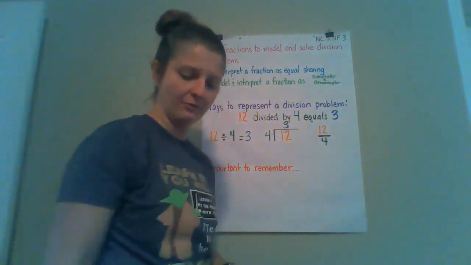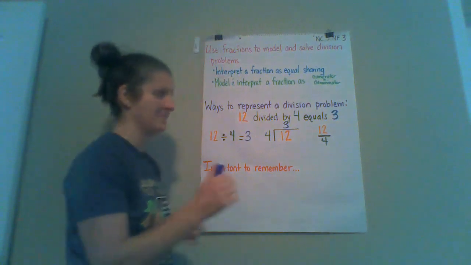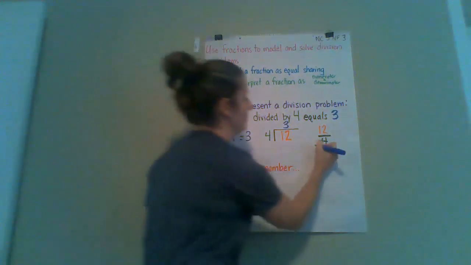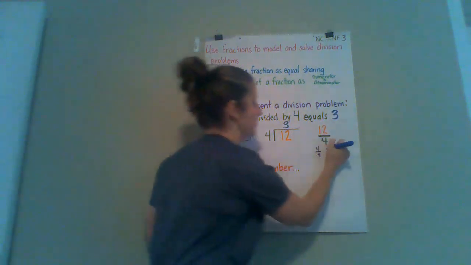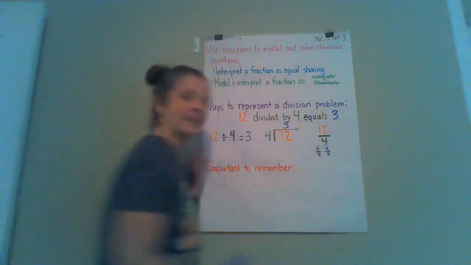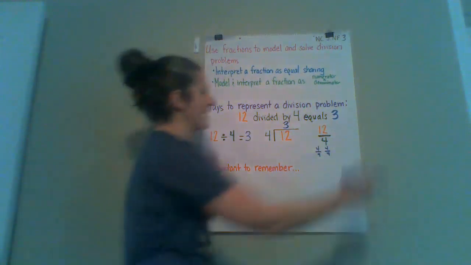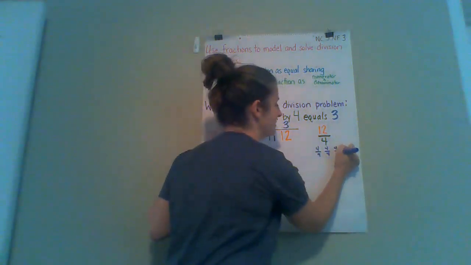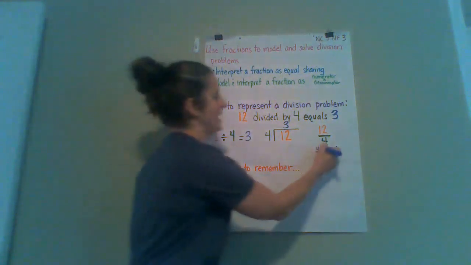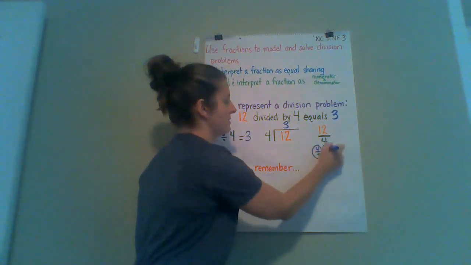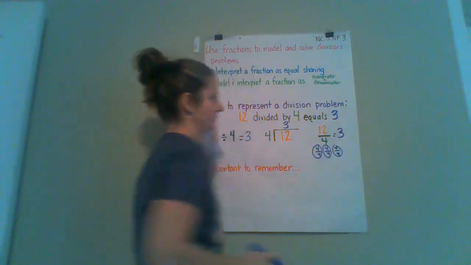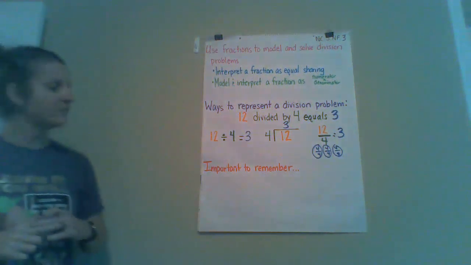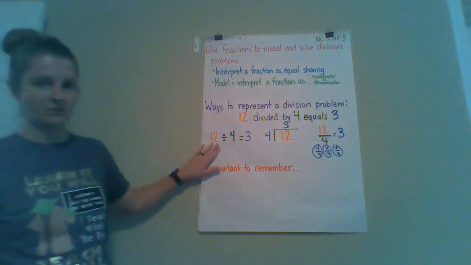Let's think about 12/4 for just a second, okay? I know that 4/4 is a whole. If I have another 4/4, that's 8/4. And if I have another 4/4, there's my 12/4. That is 1, 2, 3. Okay? So 3 different ways that we can represent a division problem.